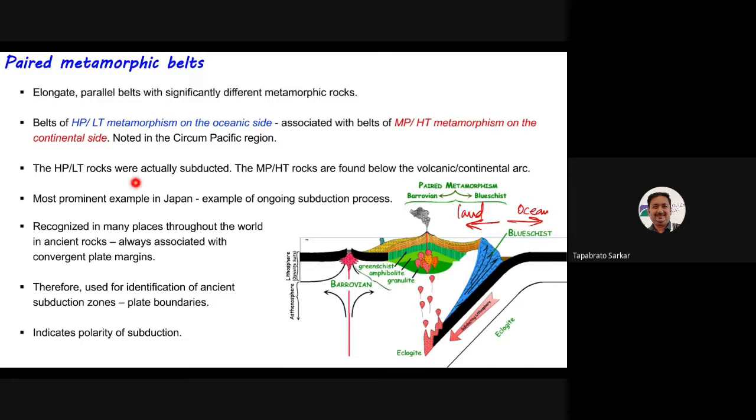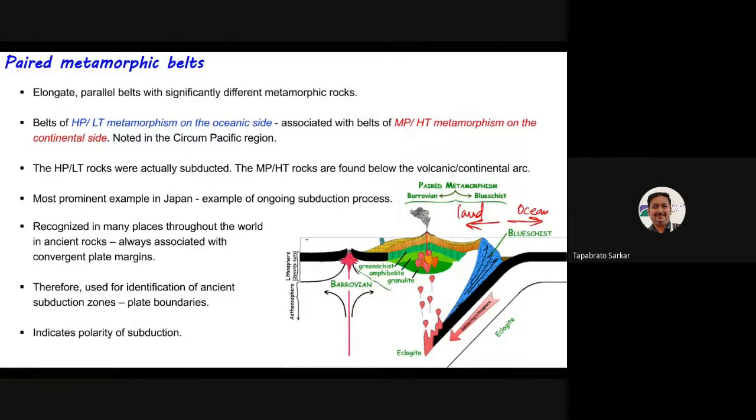Okay, it's most prominent in Japan because Japan is an island arc, an example of an ongoing subduction process, and it is recognized in many places throughout the world in ancient rocks which were associated with convergent plate margins. Therefore, paired metamorphic belts are used for the identification of ancient subduction zones and plate boundaries.